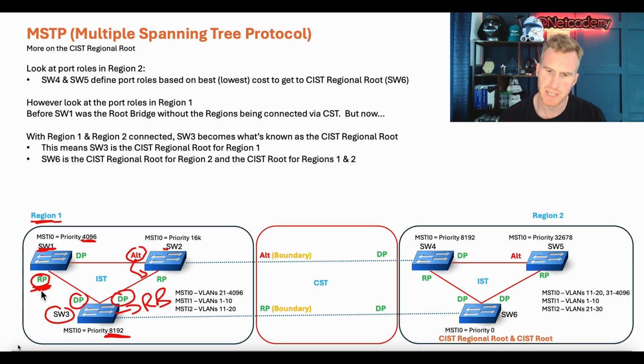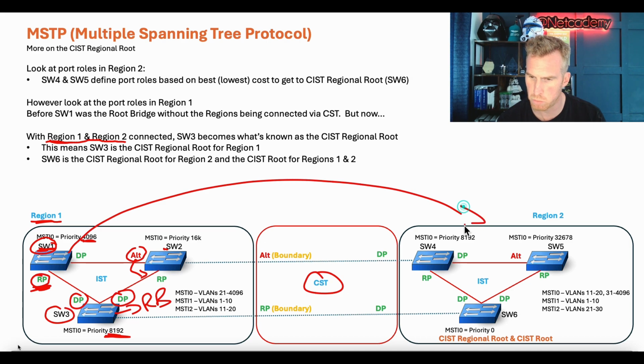What's happened here? What's happened is that with CIST, with this common spanning tree in the middle, we've connected region 1 and region 2 together. And if you look at switch 1, it doesn't have a connection over to region 2, does it? So without that connection, it can't have a boundary interface, and thus it simply can't pass traffic from region 1 to region 2.